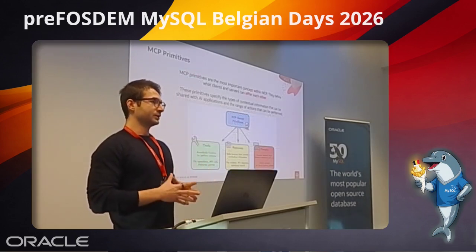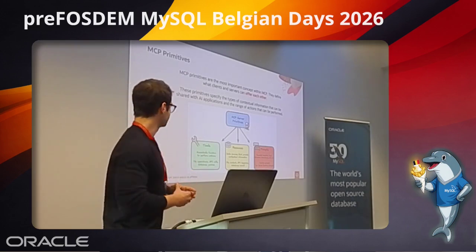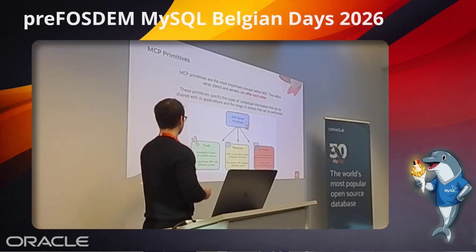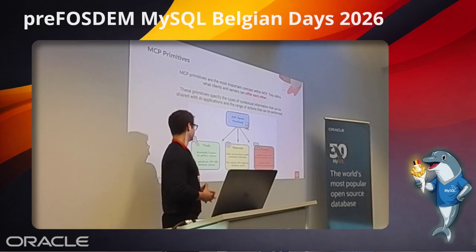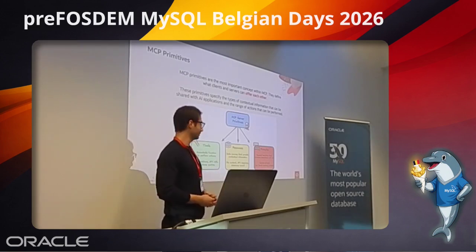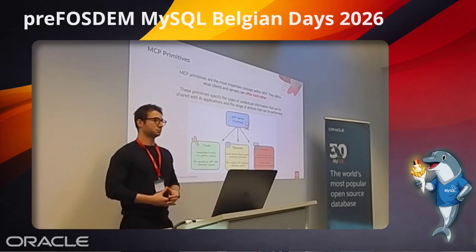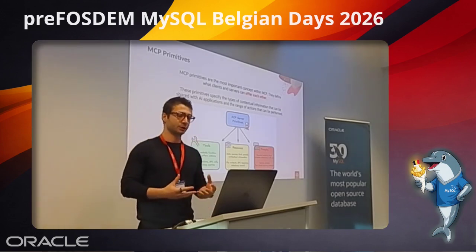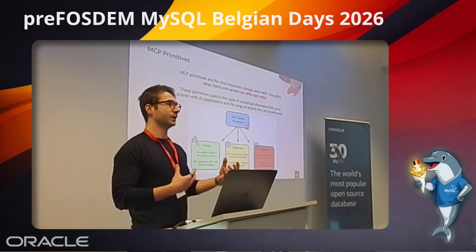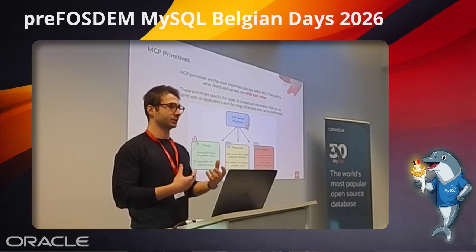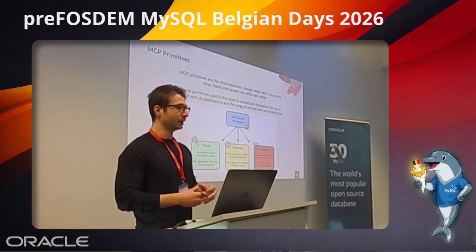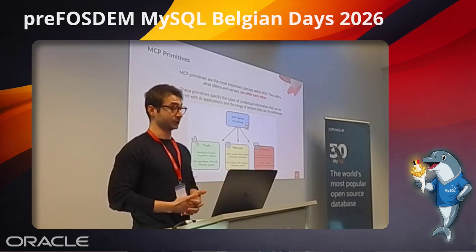Basically, if you want to summarize MCP into one slide, I think you should take this one. You have three main parts in MCP. We have seen the protocol itself, but you have what we call tools. Tools are the eyes and the way for the LLM to execute and coordinate its action with the world. So basically, they're executable functions.